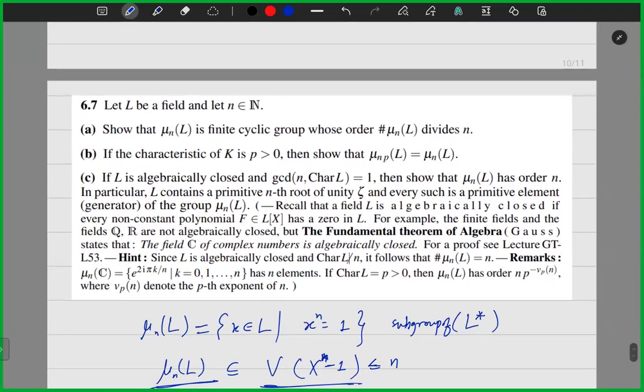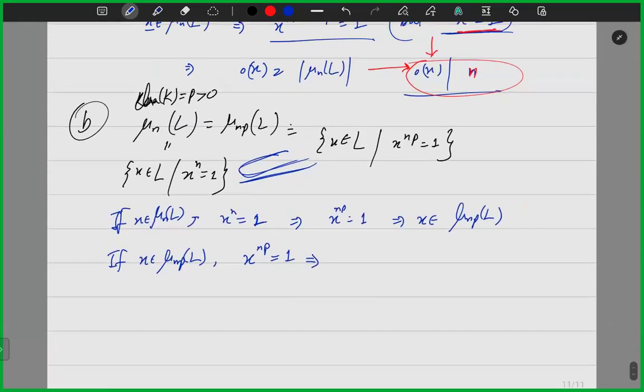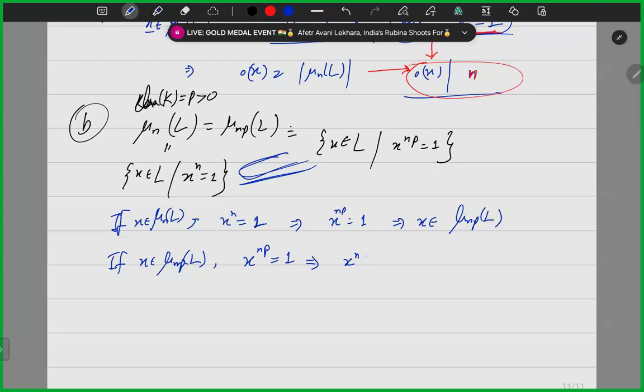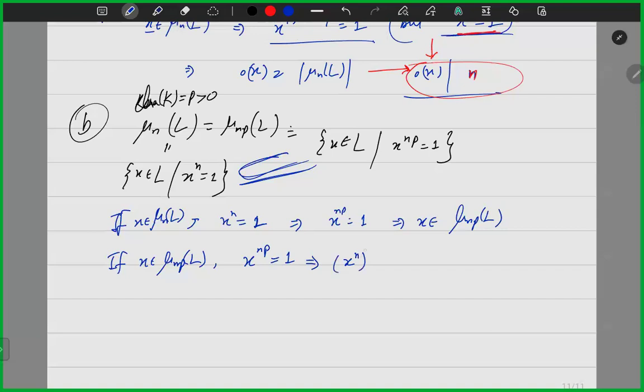What is given in the hypothesis is not yet used. We have (x^n)^p is equal to 1.